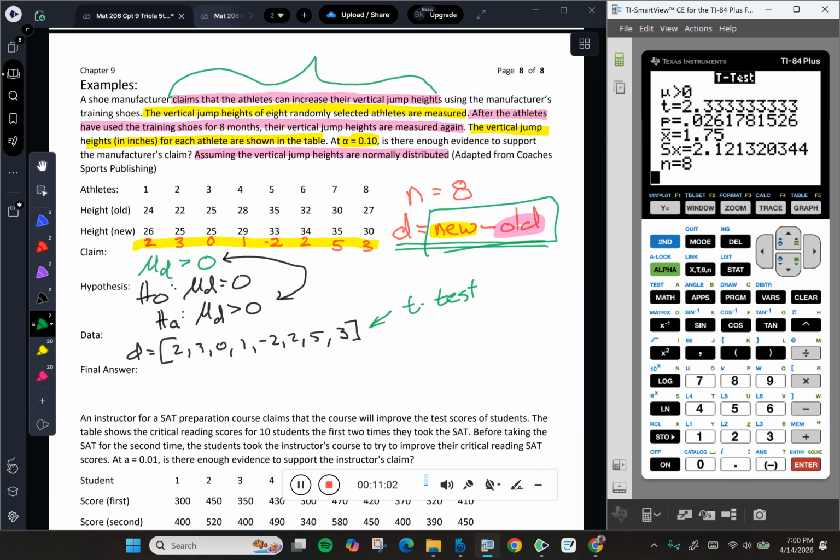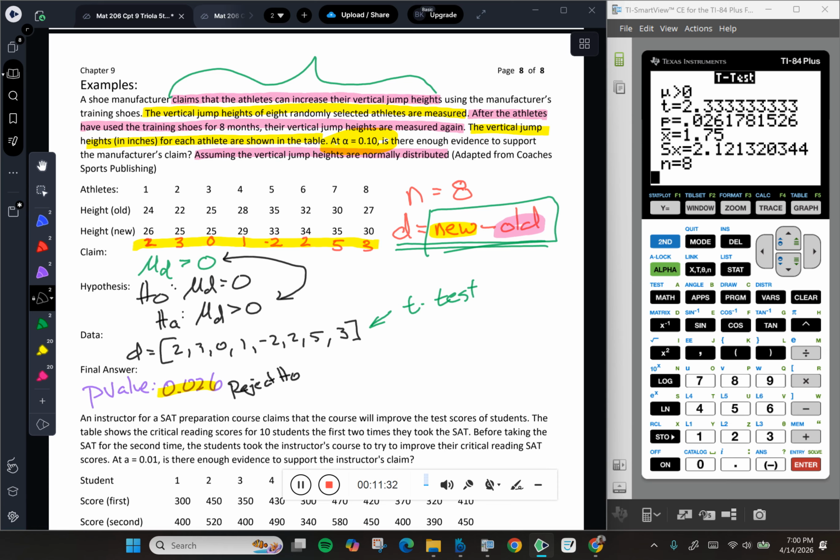My test statistic, should I need it, is 2.3, but what I really need is my p-value. I have a p-value of 0.026. When I compare p to my alpha of 0.1, I see that p is less than alpha. When p is less than alpha, we reject the null. But our claim was the alternate.